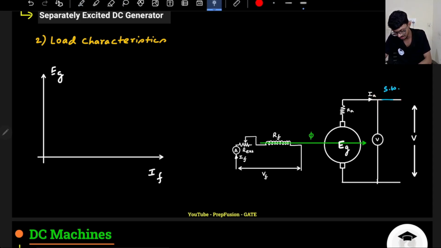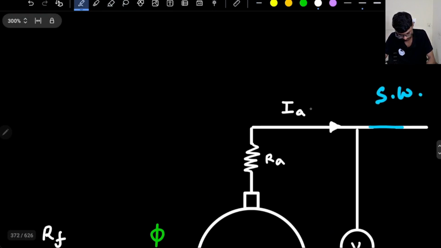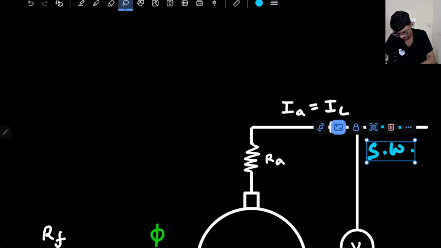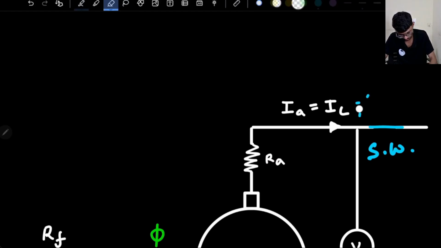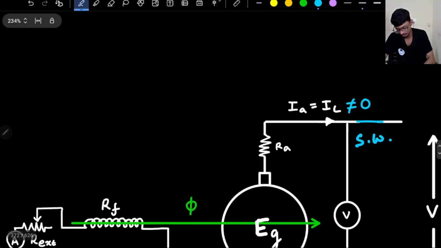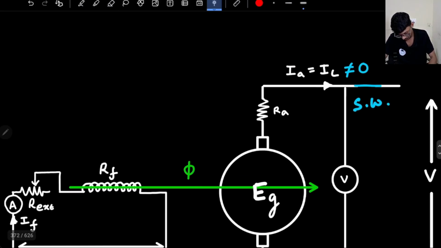So IA equals IL, which is not equal to 0.